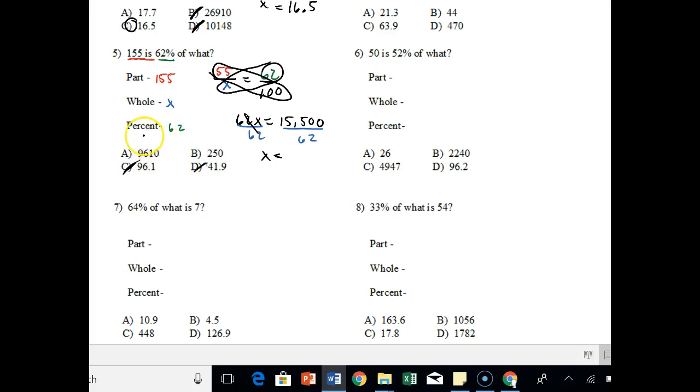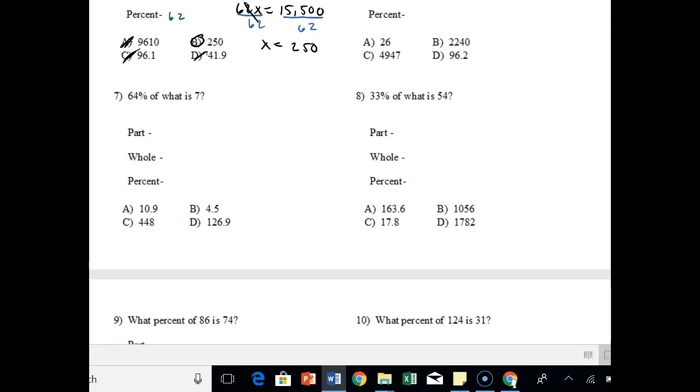Well, 50% of 9,610, that's more than 4,500, right? Because half of 90 is 45, so 9,000 would be 4,500, so 155 is nowhere close. So it's got to be B. And guess what? If you do the division, you'll get exactly 250.